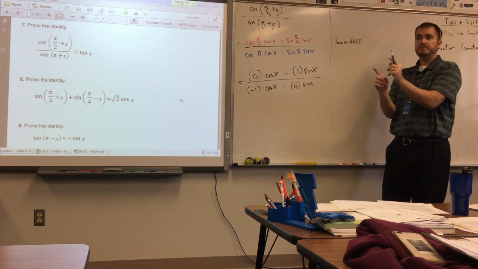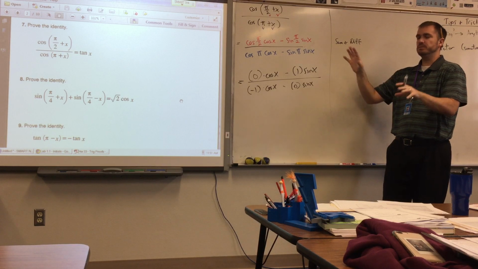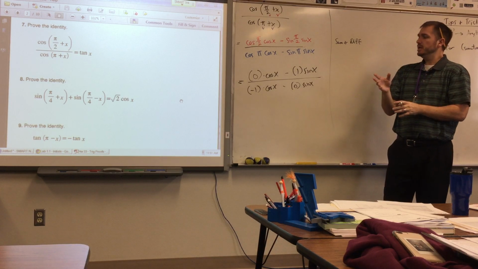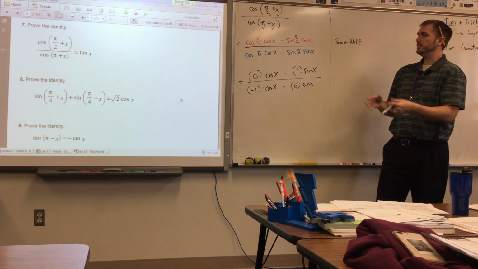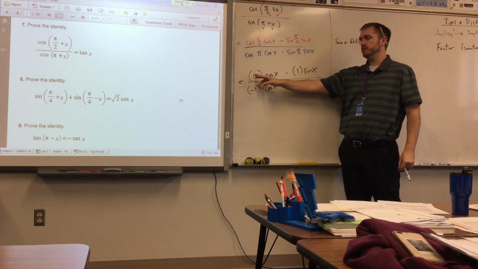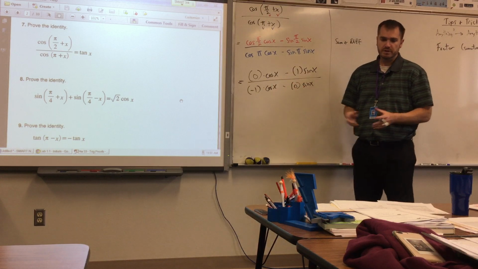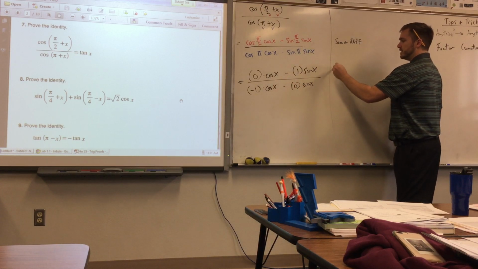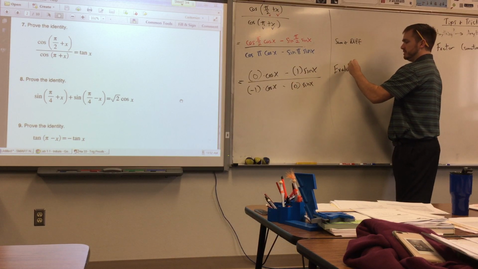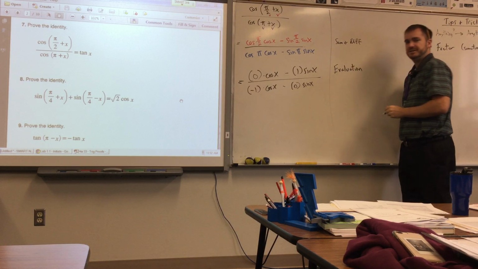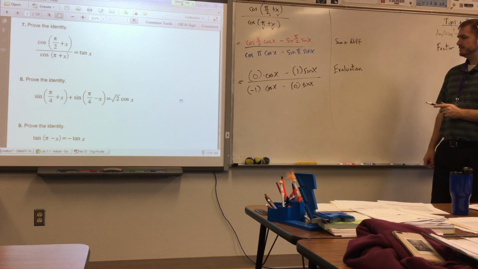It's not quite algebra, because that normally means you're moving letters around. Trig would be somewhat appropriate because we are using trig knowledge, but we're technically evaluating whatever those are. So the correct term is evaluation.